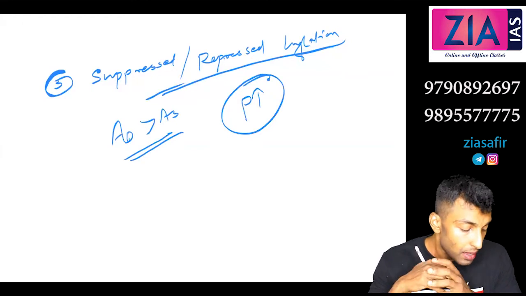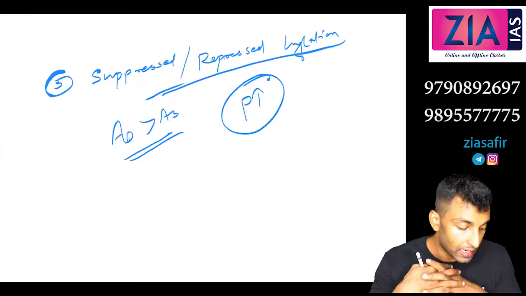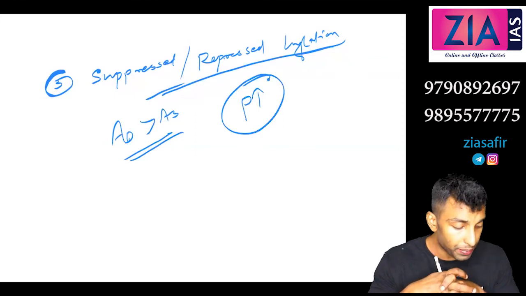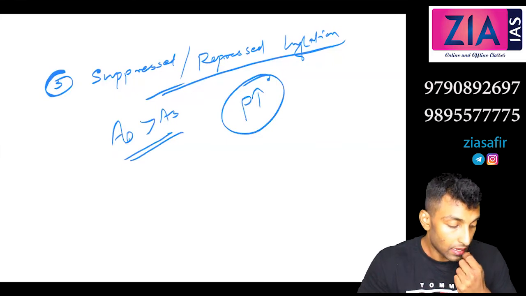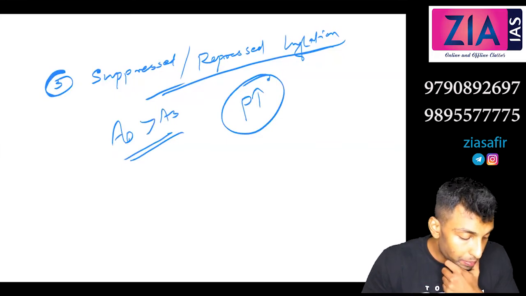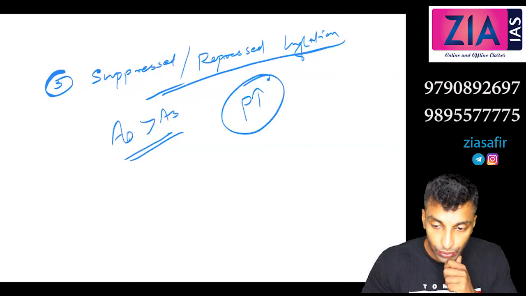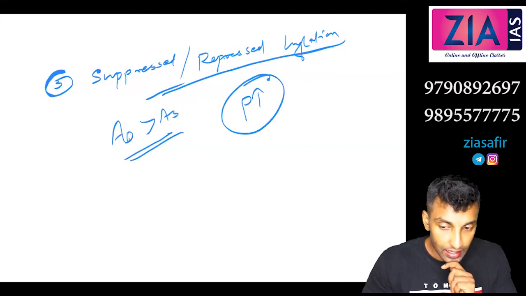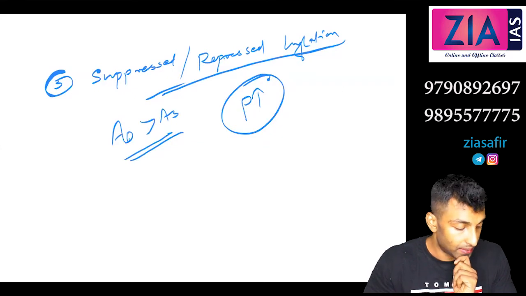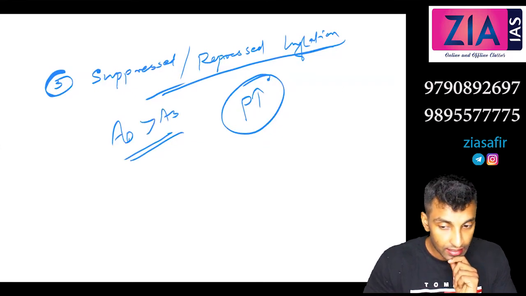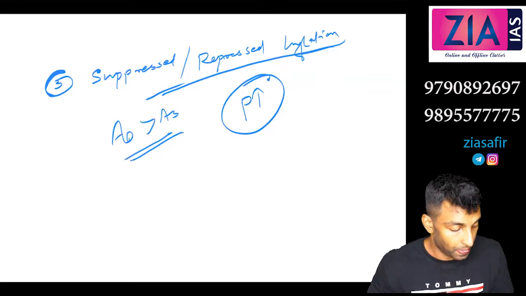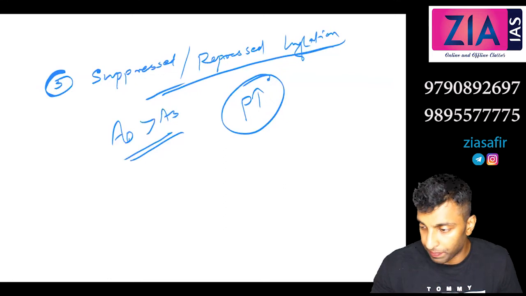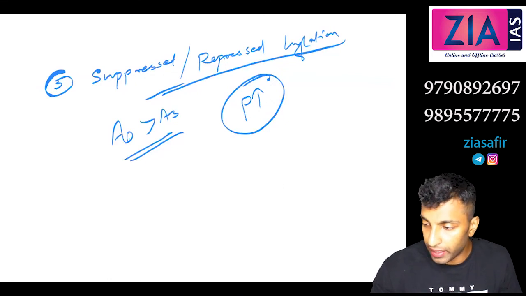You write there, comma, but the government prevents price level from rising through direct price control measures like ceiling prices. So government fixes ceiling for the essential items, etc. So beyond a limit, it cannot go.